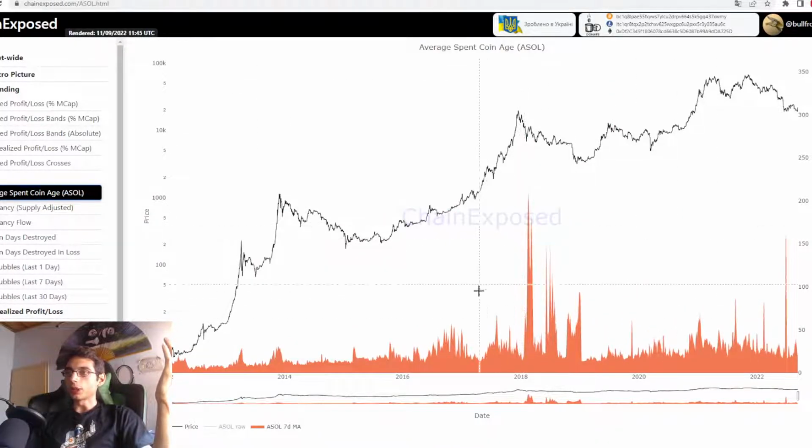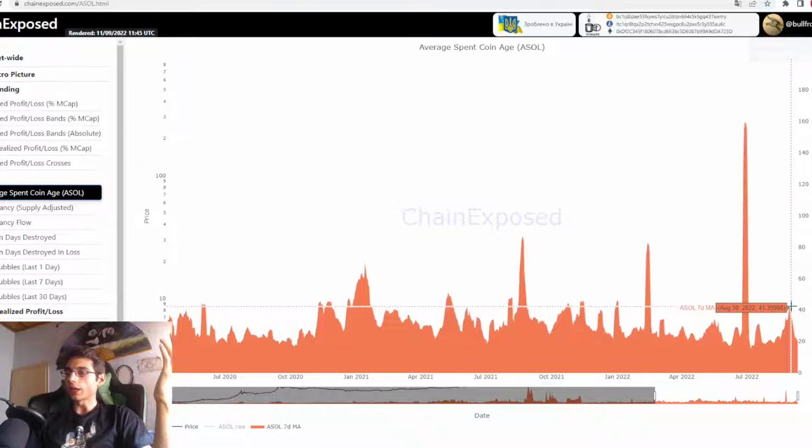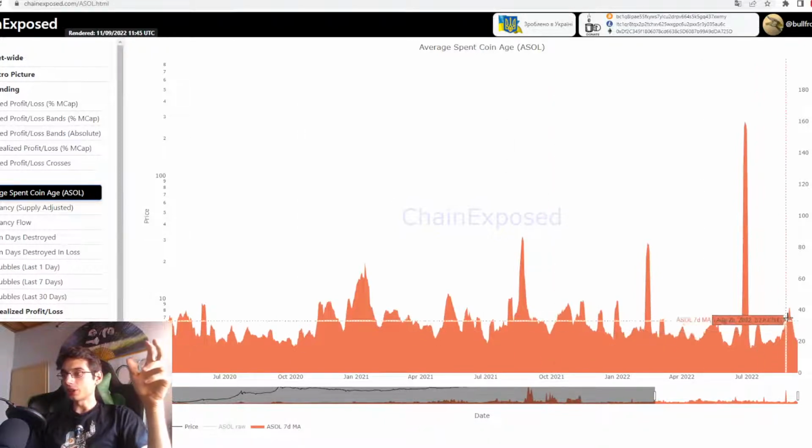As you see, we got this huge spike every time we got to the all-time high. Meanwhile, these low values right here, and we have this kind of moving higher just because, as I already saw, there was that whale, 8 years plus, that moved 100 million coins at a time, and so this got a spike up.